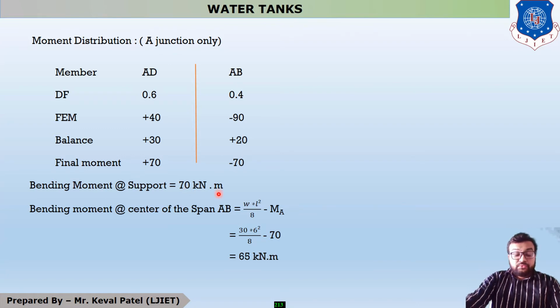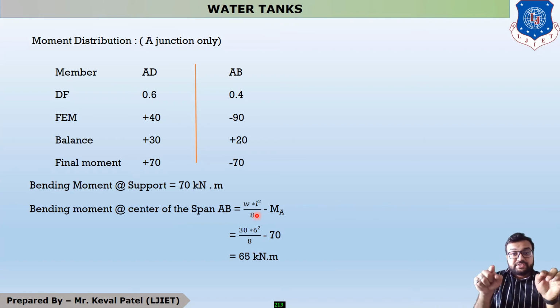Now this is the moment at support, but now you have to find out your moment at center. The equation of the moment at center is WL square by 8, because you all know that whenever your support is a fixed support and having UDL, then the equation of bending moment is WL square by 8.